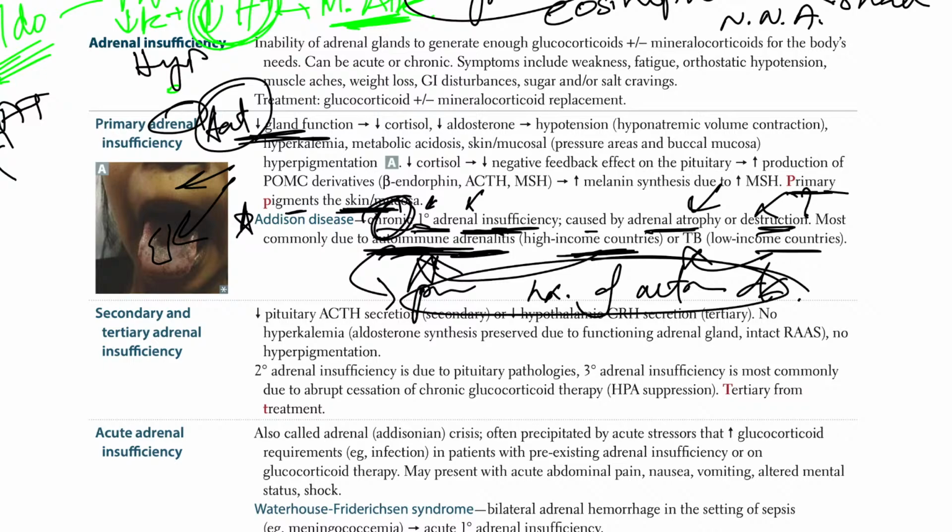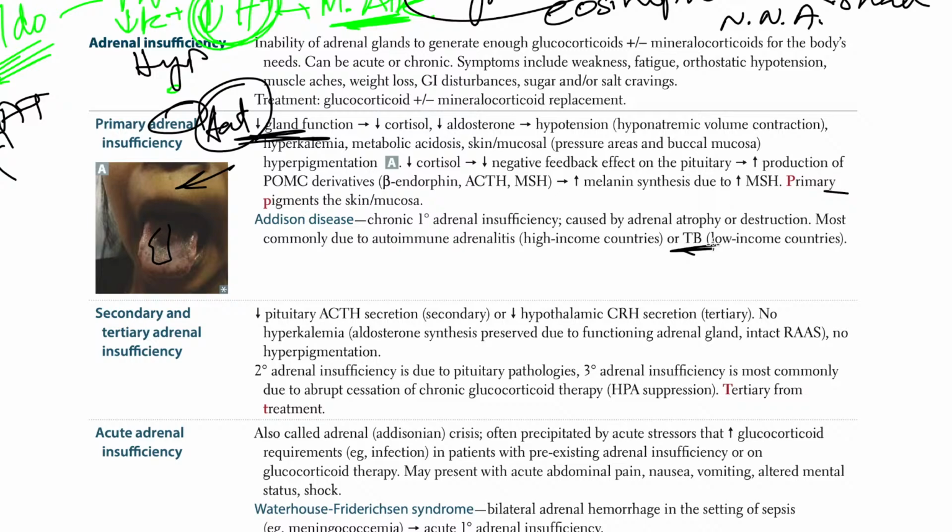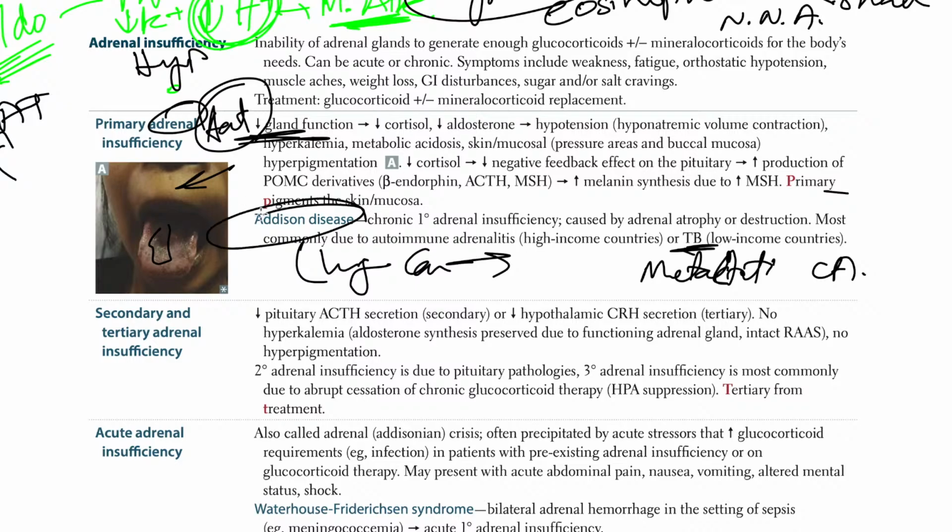Another thing is called metastatic carcinoma. Let's also mention that. Tuberculosis is one. Then you have the metastatic carcinoma. Metastatic carcinoma is the lung cancer. So remember, lung cancer loves to go to the adrenals. So lung cancer goes into the adrenals and causes Addison's disease by chronically, slowly and gradually causing destruction of the adrenal gland, leading to adrenal insufficiency.